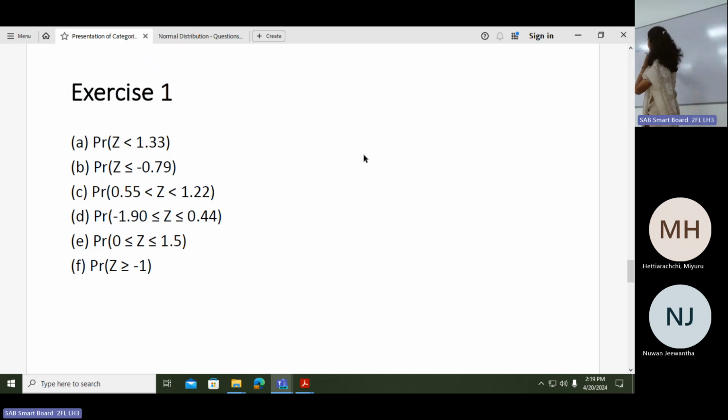Then we look at 0.55, which gives 0.2088 for 0 to 0.55. Then how to get this value?